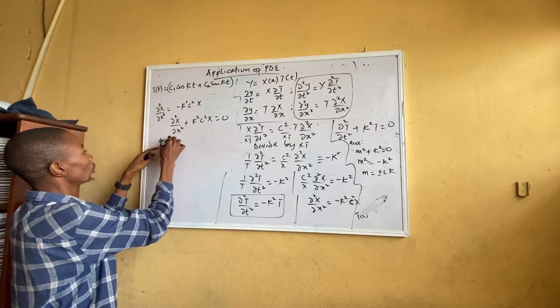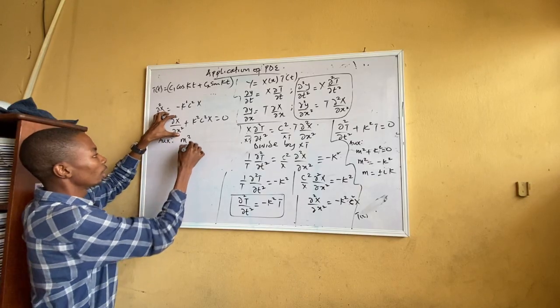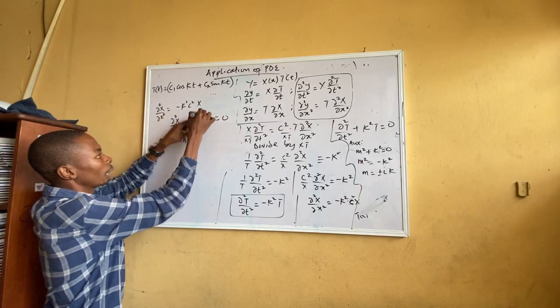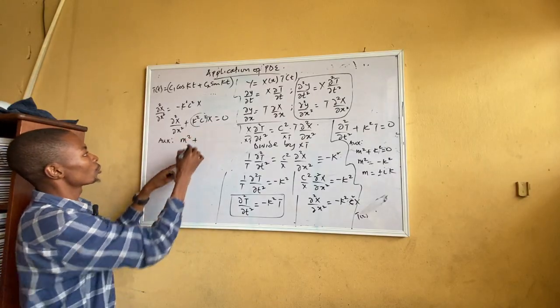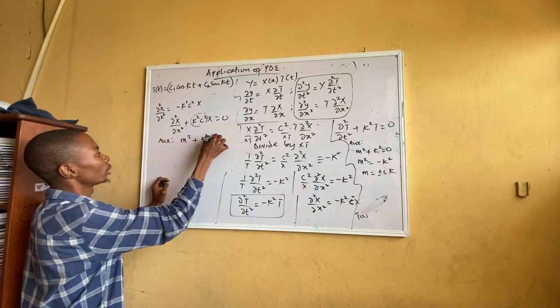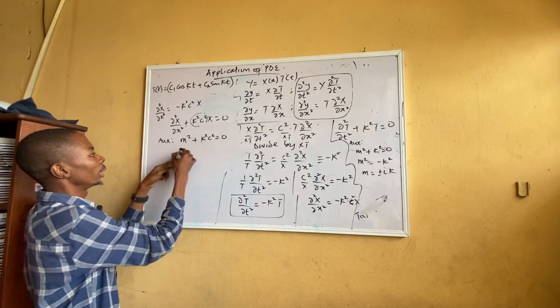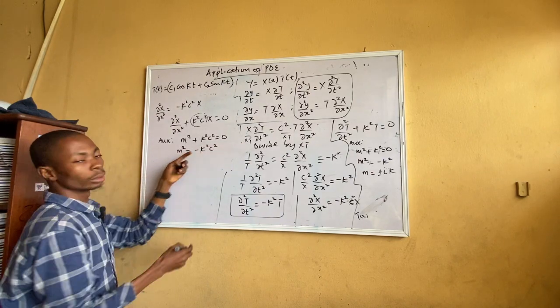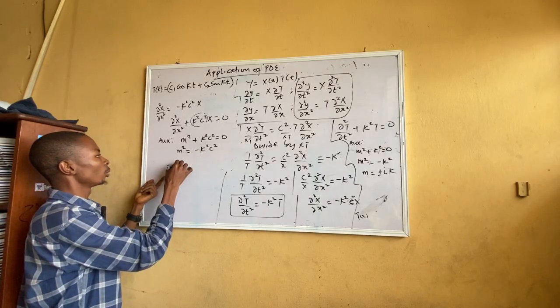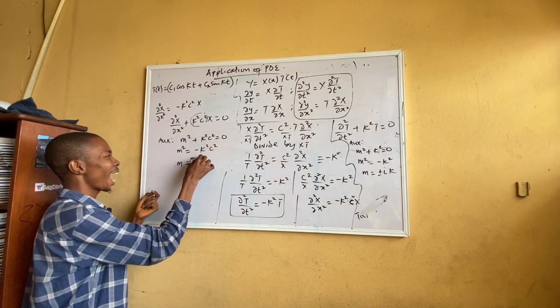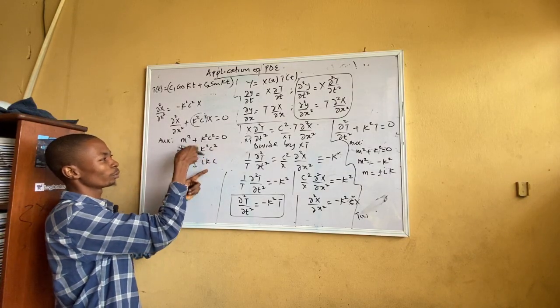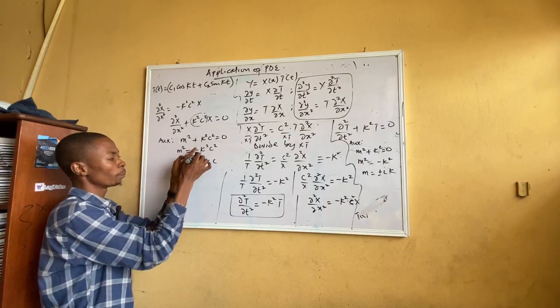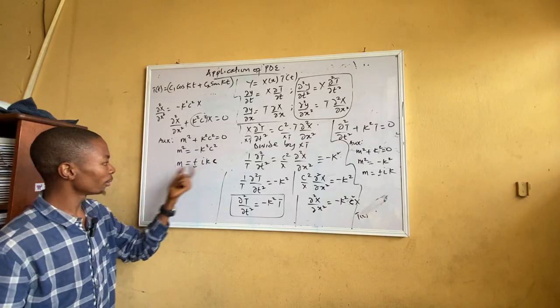The auxiliary equation will be m squared plus k square c squared equals to 0. Bring them here, then solve. M squared equals to minus k square c squared. Take the square root, so m will now be plus or minus ikc, because when you take the square root of k square c square, it will be kc. But because of this minus, it will have i.